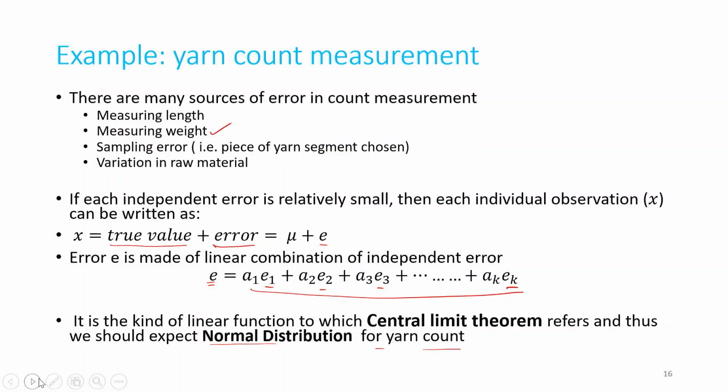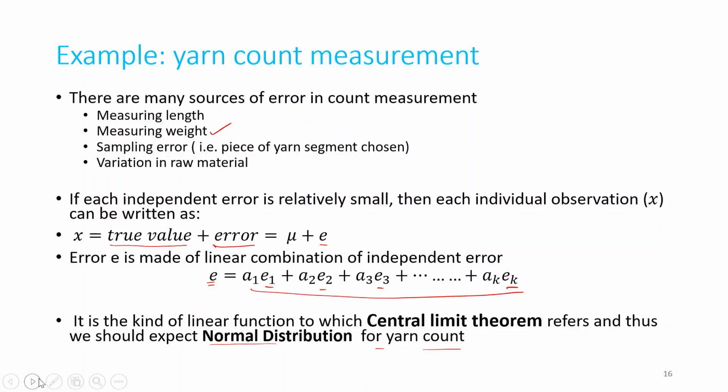So if we measure the yarn count from a cone, taking 100 readings from the top layer to the bottom layer, and we plot those data, you will find that it follows a normal distribution. And that is because of this reason.